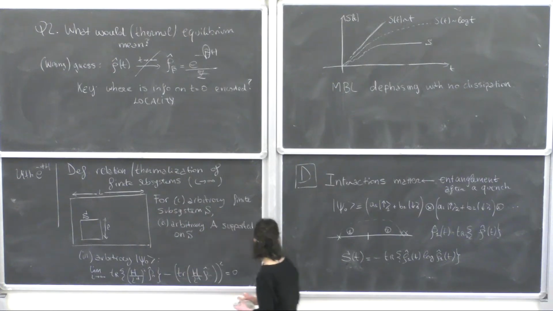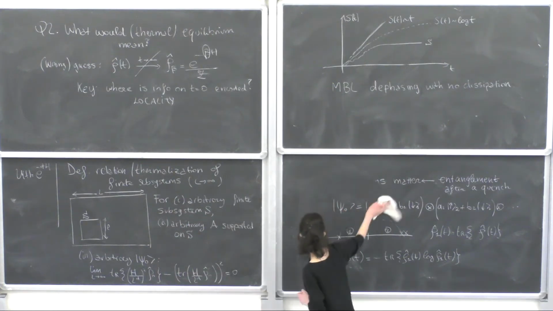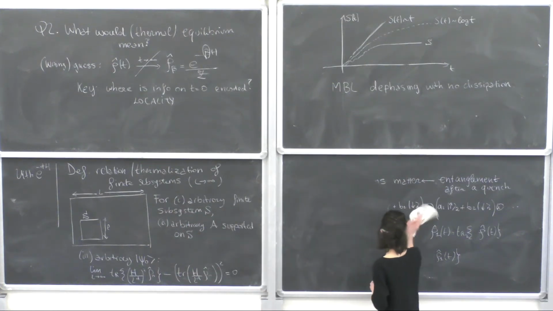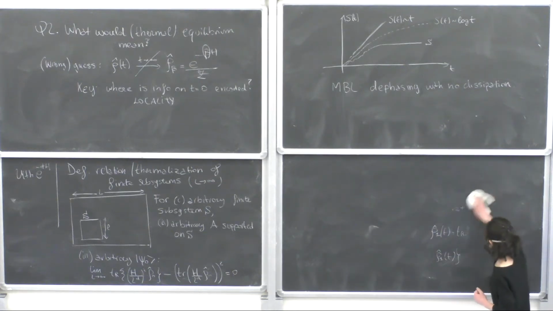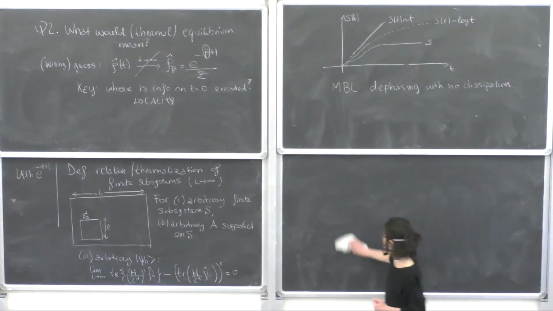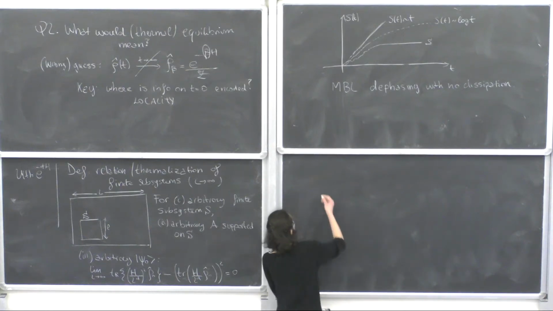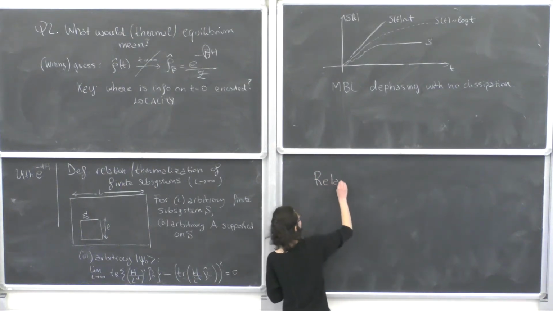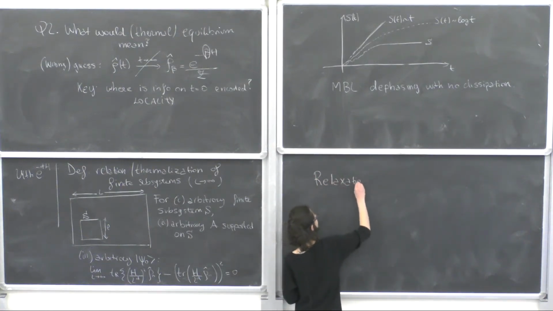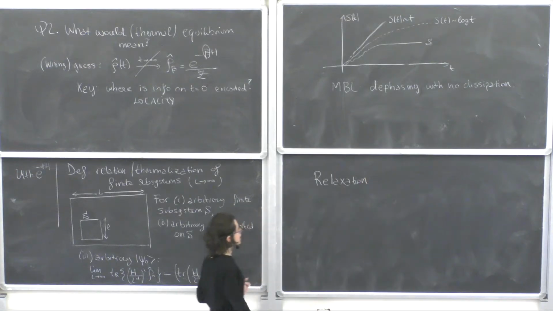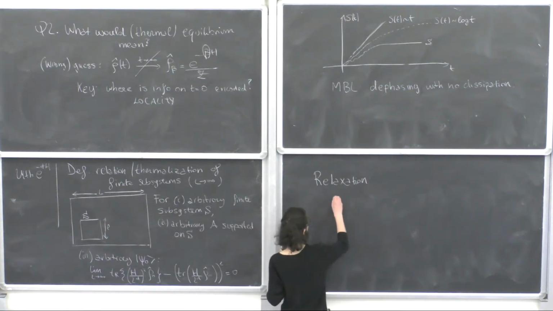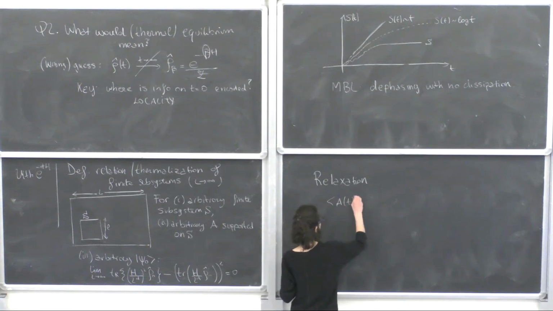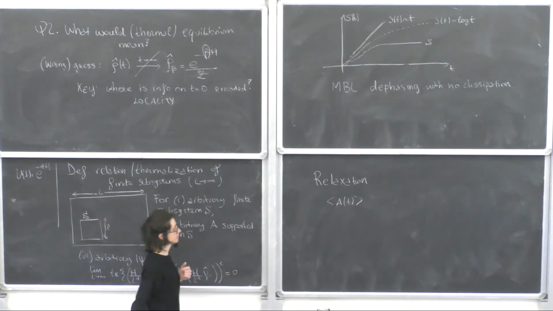So in this case, what I would define as a relaxation, and I think that several people here would actually call it equilibration, is the following. I take my arbitrary operator. I take the expectation value with respect to the time evolving state.